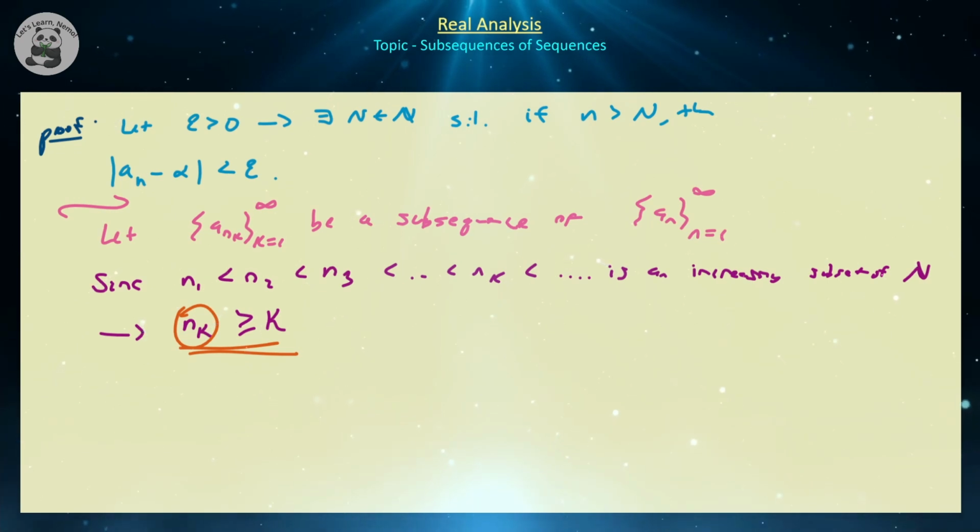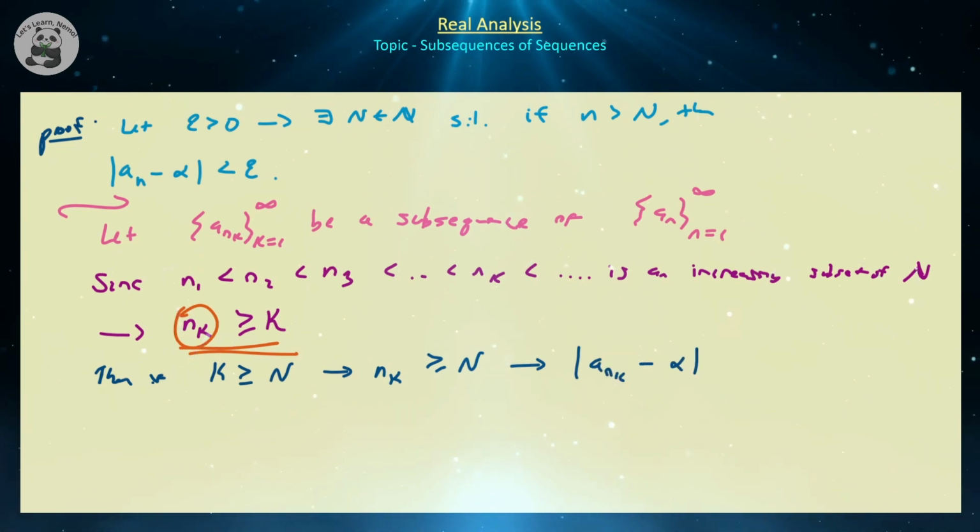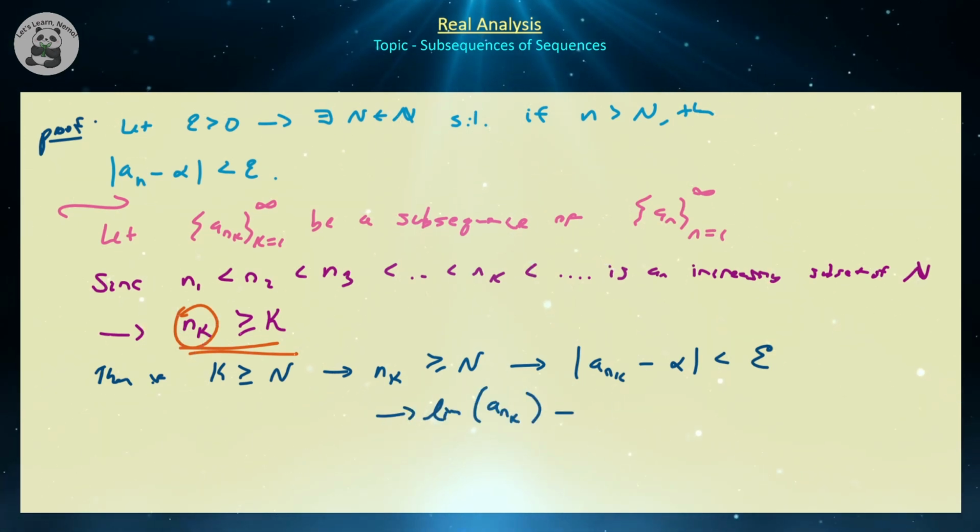So if that is the case, if k is bigger than or equal to capital N, then n_k will be greater than or equal to capital N, right? That means |a_{n_k} minus alpha| will be less than epsilon, and that would imply that the limit of our subsequence a_{n_k} will also be equal to alpha, right?